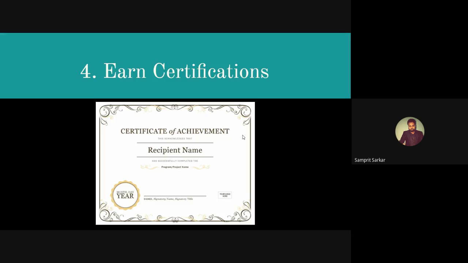So go for those institutes that take a proper exam, where getting the certificate is not easy. Their certificates will be valuable, and you have to learn the skills to actually earn the certificate. So earn the certificate, don't just buy the certificate. Okay, make sure you are earning your certificate properly.